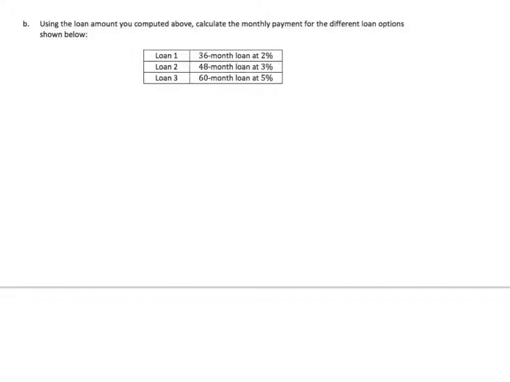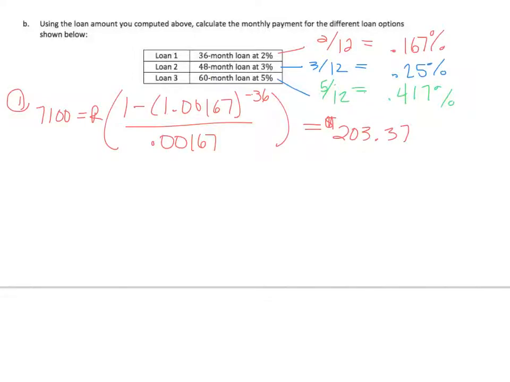So we're going to calculate this 3 times. All right, what I've done is calculated the first loan, step you through it. I set up the equation, $7,100, what is my recurring payment, all of the interest rate stuff. I got this value right here, 2%. So 2 divided by 12 is 0.167%. So I need to change it into a decimal and do 1 plus the interest rate.